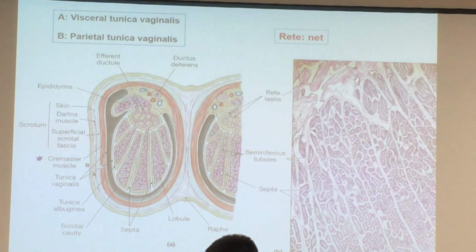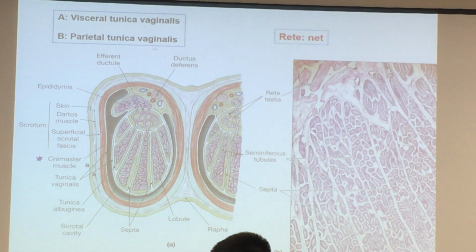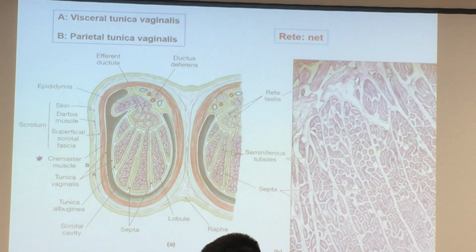But actually you have A and B. A is the inside membrane, inside the cavity, the visceral tunica vaginalis. And B is outside, the parietal tunica vaginalis. Fluid is in between, and it also reduces the friction.